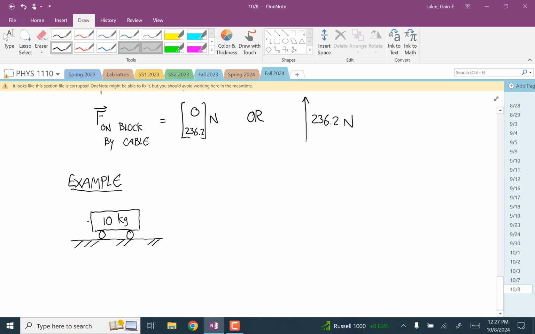And let's say we know that a 20 Newton force is applied this way, a 10 Newton force is applied this way, and a downward force of 50 newtons is applied at the top. And we want to calculate the acceleration vector of the cart.